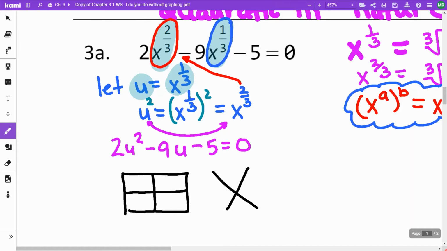So I'm going to put the 2u squared here. I'm going to put the minus 5 here, diagonal from each other. Okay. If I multiply those together, I get a negative 10u squared.